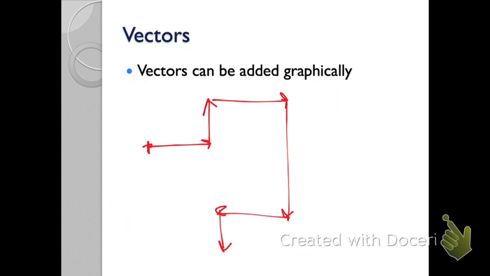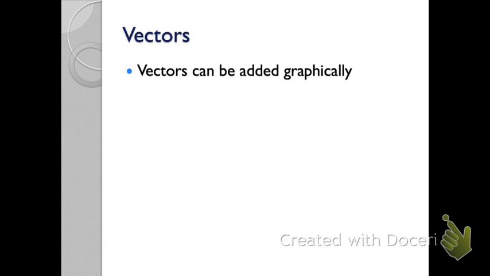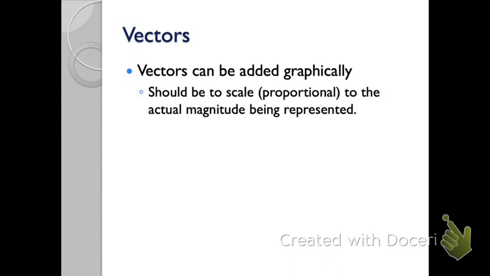I would be able to find out how far he is going to end up from where he started. Right? I'm going to be able to do the math and draw it graphically to figure out where he's ending up. That's what I mean when I say adding our vectors graphically. We're going to put them on a visual and be able to see what they look like. Okay, we're also going to be able to add them algebraically, but we'll get to that a little bit later, okay? So when we add them graphically, we're going to draw them to scale, right? We said a proportional scale.